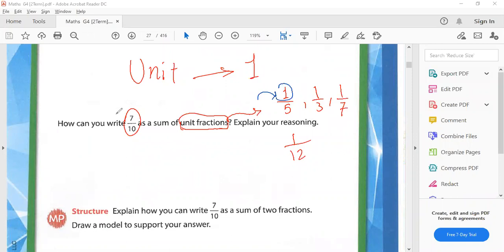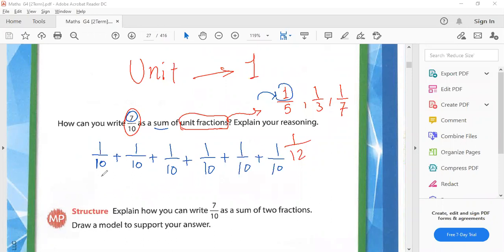So here we need this 7 over 10 as a sum of unit fractions. How? The sum of unit fractions means that we will make it as 1 over 10 with the same denominator. How many times? This is 7, so we need 7 unit fractions. 1 over 10 plus 1 over 10 plus 1 over 10 plus 1 over 10 again, and 1 over 10.